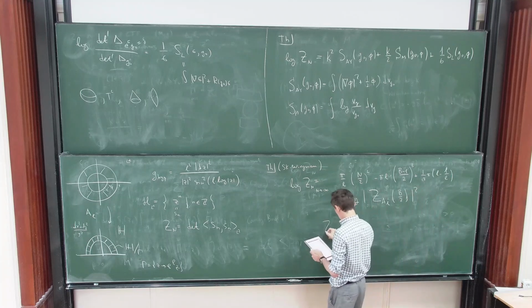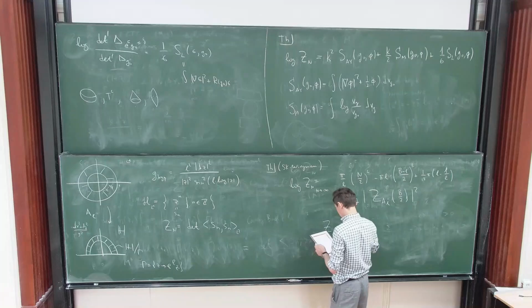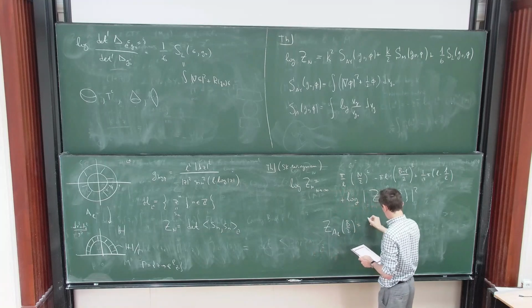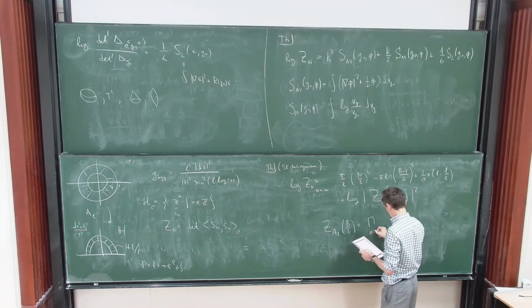So the Selberg zeta function for the annulus is a product from 1 to infinity.